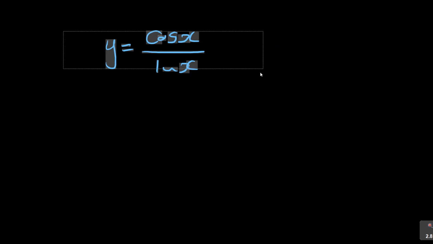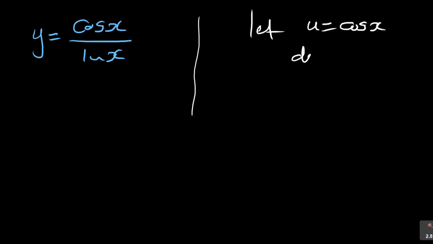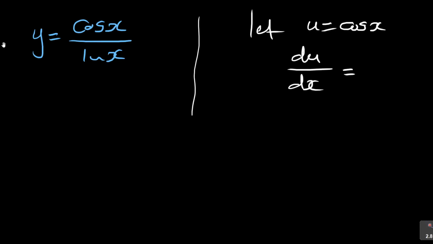So first thing, let u be equal to cos x, and then you've got du over dx. Now when you differentiate cos, cos becomes minus sin, so you say negative sin x.